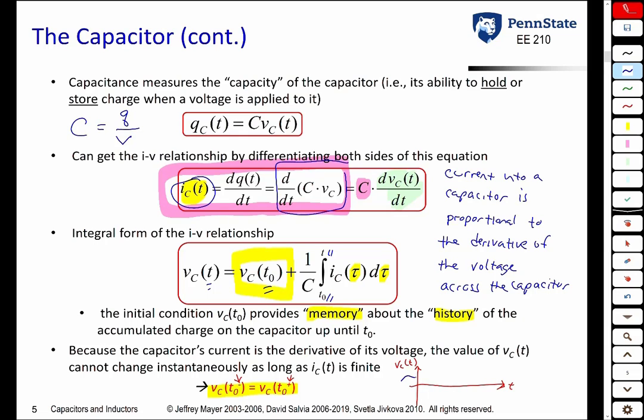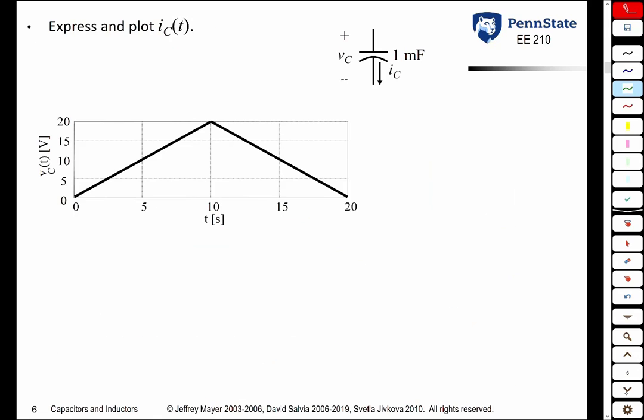You cannot have the voltage going like this and then have a sudden jump. This is not allowed, because this is called an instantaneous change in the voltage across the capacitor. The derivative of that would be infinite, or in this case negative infinite, which would give you infinite current, which you cannot have.